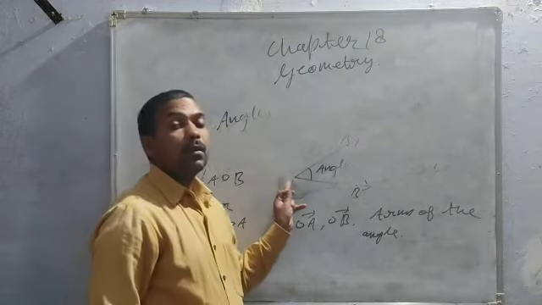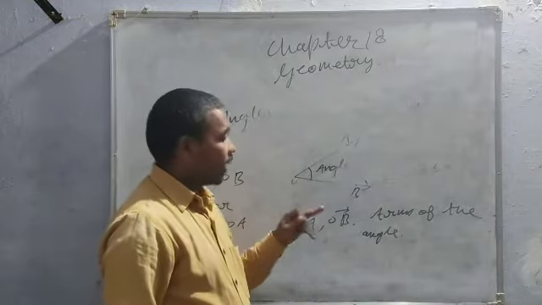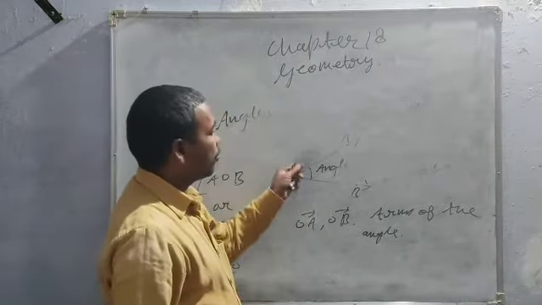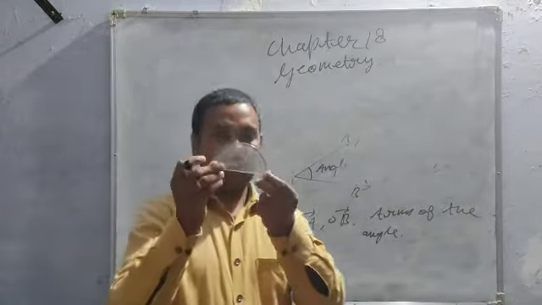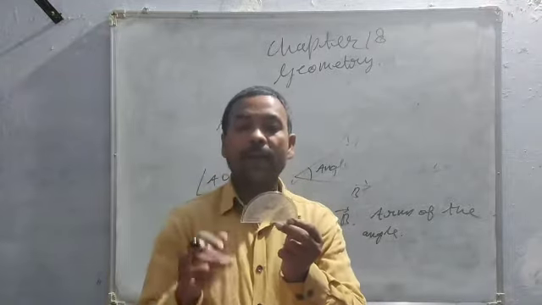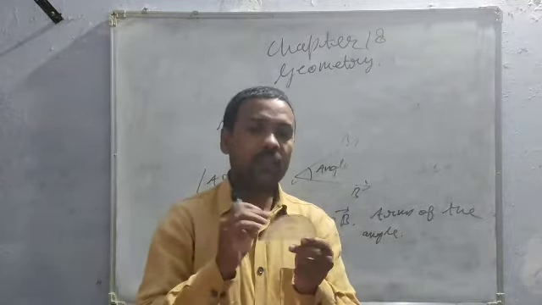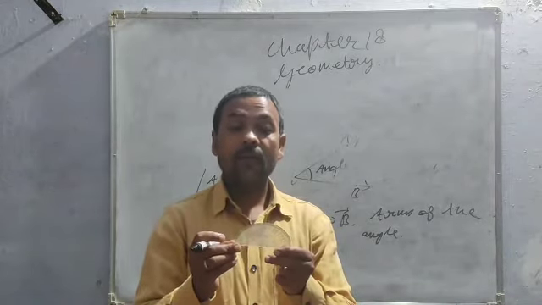So see, we will use an instrument to draw or measure an angle. This instrument is known as a protractor. How to measure this angle? You know that your protractor is divided into 180 small divisions, and each small division is known as 1 degree.